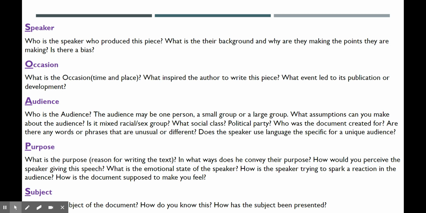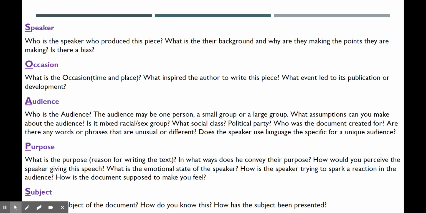And so on this SOAPS worksheet, you're going to go ahead and identify the rhetorical situation of the article that you just read about the American dream. So you'll put the title here, then you'll put the subject, answer these questions, occasion, answer these questions, audience, answer these questions, purpose, answer these questions.